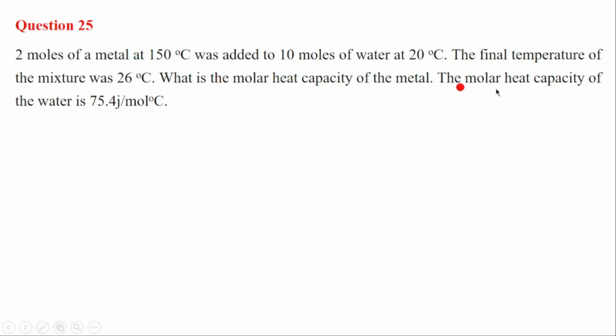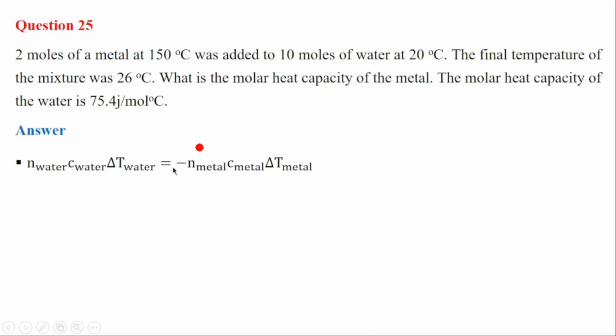The molar heat capacity of the water was given as 75.4 joule per mole degrees Celsius. So here again, the metal will lose the heat, and that heat will be equal to the heat that is gained by the water at 20 degrees Celsius.